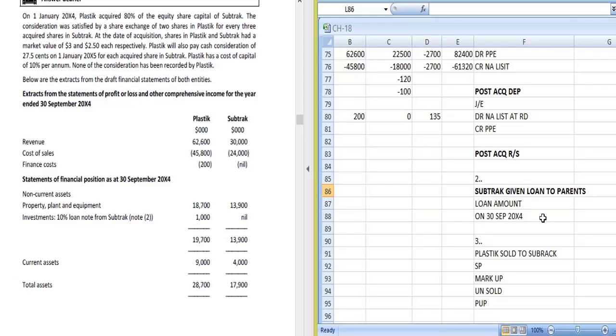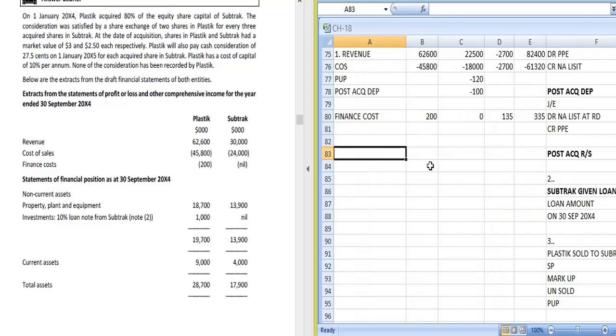That's why we haven't taken any finance cost related to this loan amount. So don't get confused with the date. The date is very important. Don't just overlook it. Each and every piece of information is very important. So 135, and we just need to add both amounts. So 335 is the finance cost.